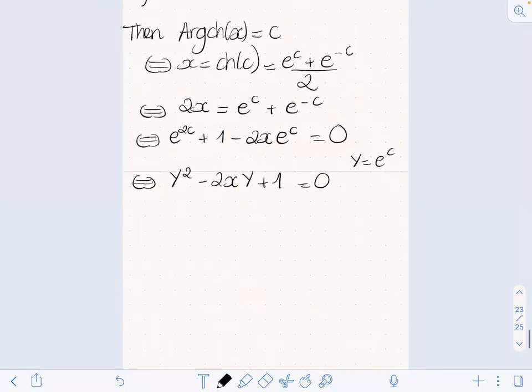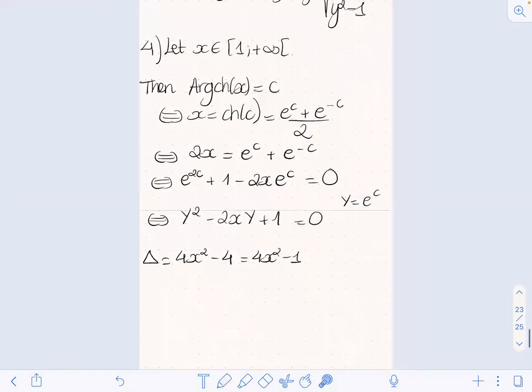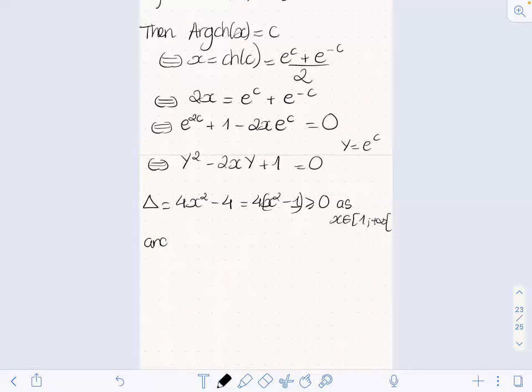So it's a similar one to earlier. The delta is just slightly different. So delta, if you compute it, you get 4x squared minus 4, so that's 4 times x squared minus 1. But what we can see here is that x is in 1 to plus infinity, so that's greater than 0. Okay, and we can apply the root formula.